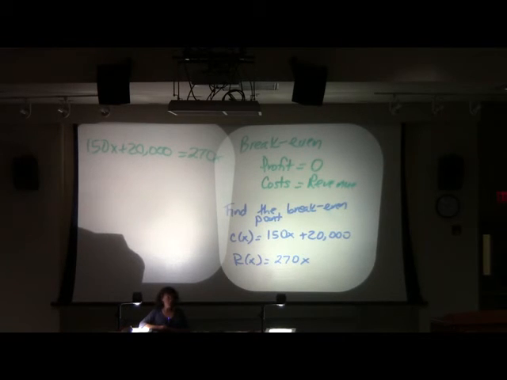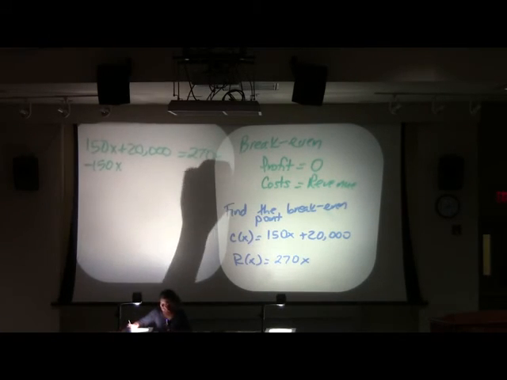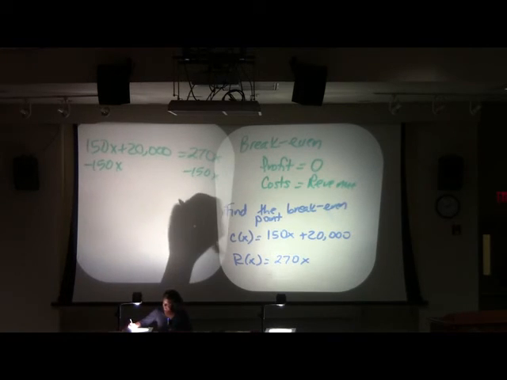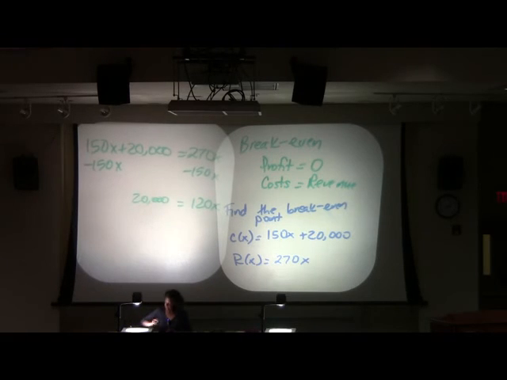Don't you want all your terms with x on one side and all your numbers on the other side? So I would subtract 150x from both sides. So do you agree I have 120x equals 20,000? Okay, how do you get x all by his lonesome? Divide both sides by 120, and I believe you get 166.6 repeating.